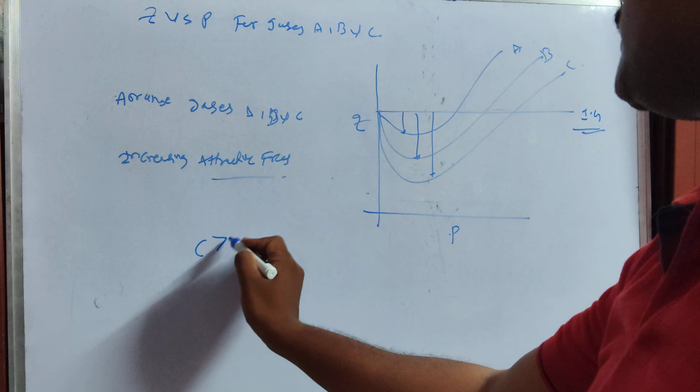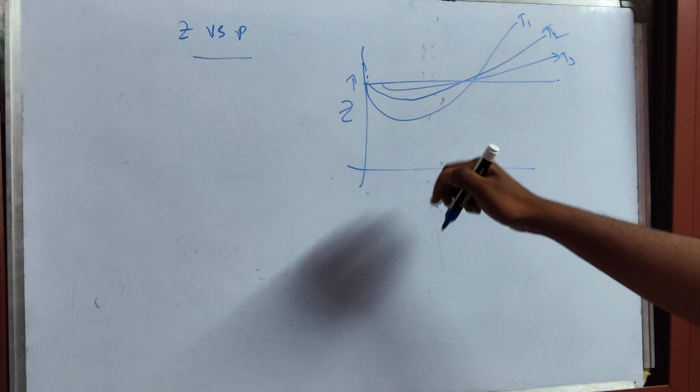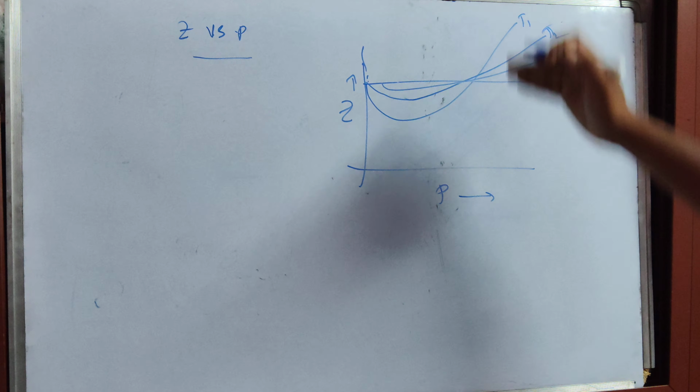This is the T1 graph, this is T2, this is T3. What will happen at a particular pressure if temperature increases?